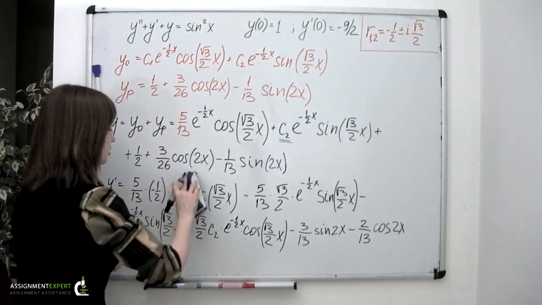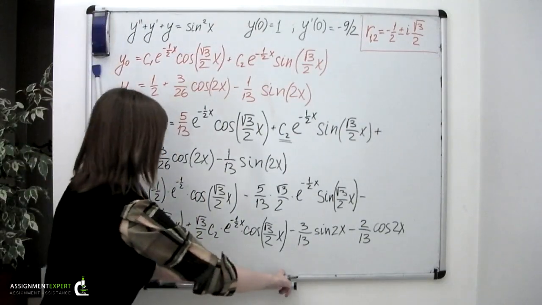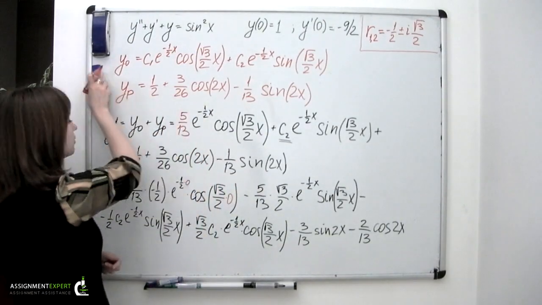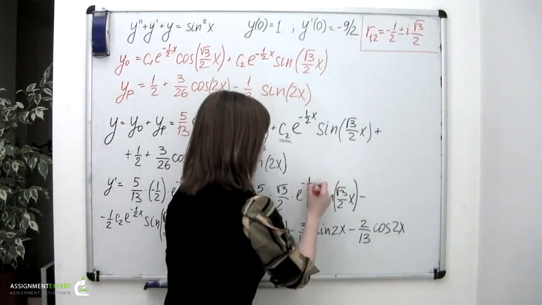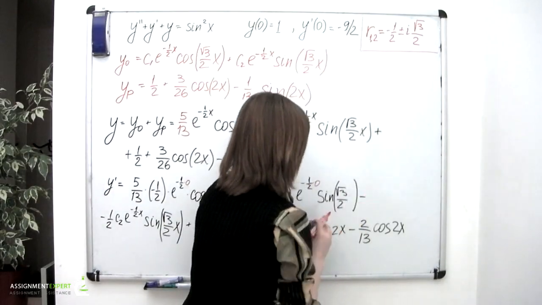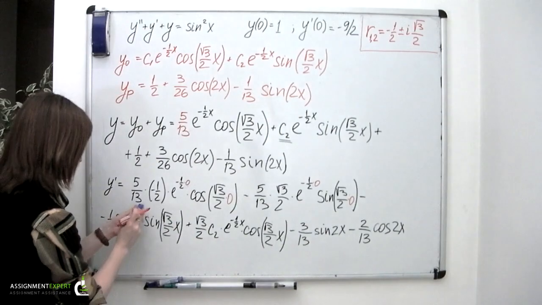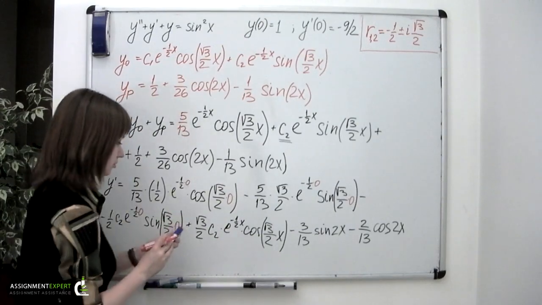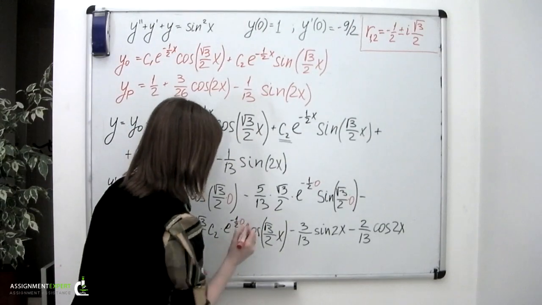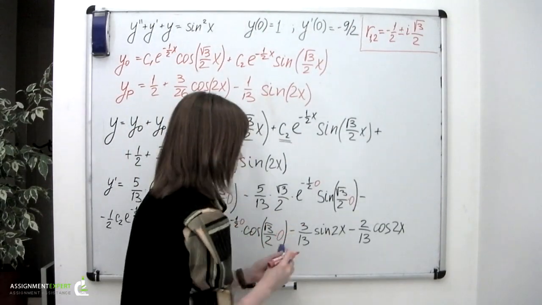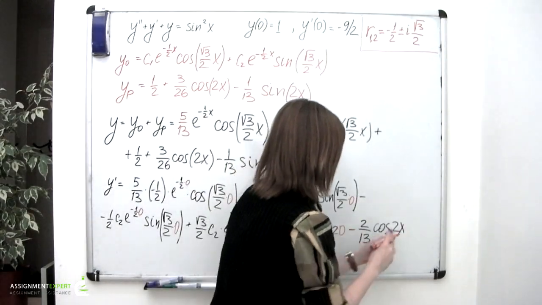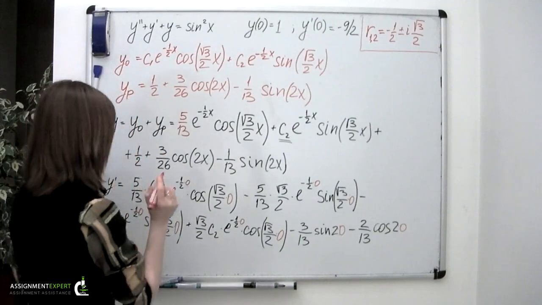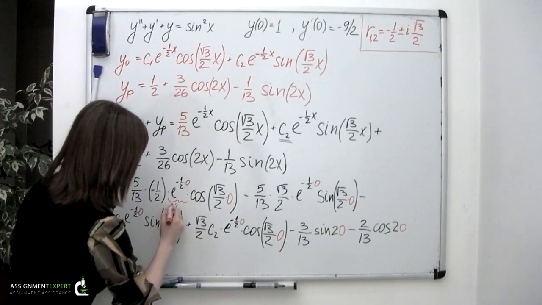So here we have times 0 here and here. Now this here equals 1.